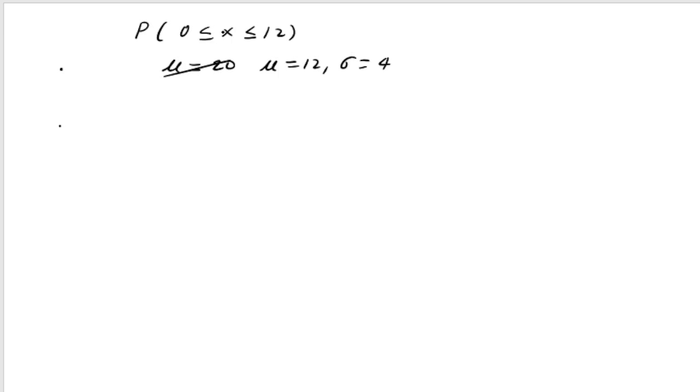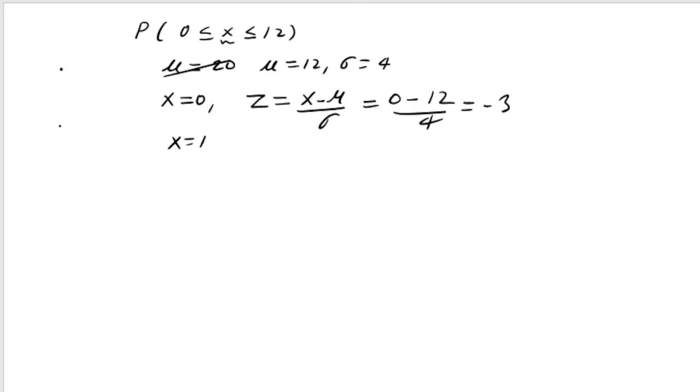So to calculate the probability for x taking the value between 0 and 12, first of all, I will calculate for x is equal to 0, what will be the standard normal variate z, that is x minus mu by sigma. So here it is 0 minus 12 by 4. So what I get is minus 3. And then I calculate for x is equal to 12.